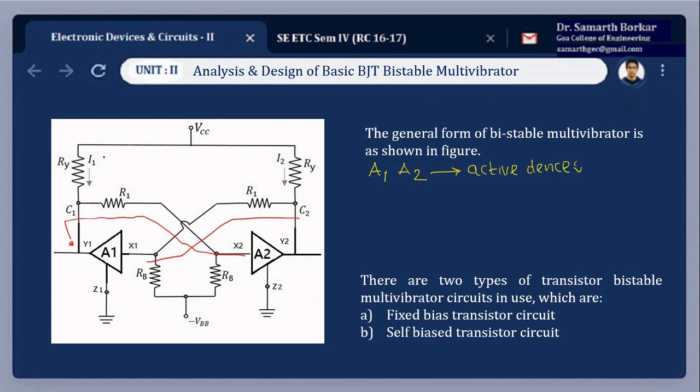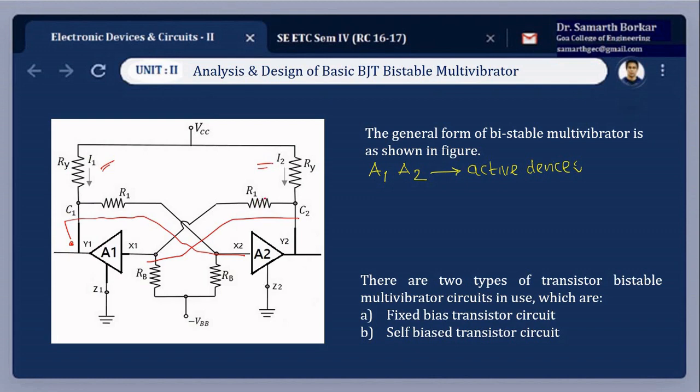Let I1 and I2 be the quiescent currents of the two stages. From the symmetry of the circuit, it is expected that both the currents must be the same. If you look at the circuit, it is a mirrored circuit wherein this component Ry and this Ry are of the same value, and R1 and R1 are of the same value.